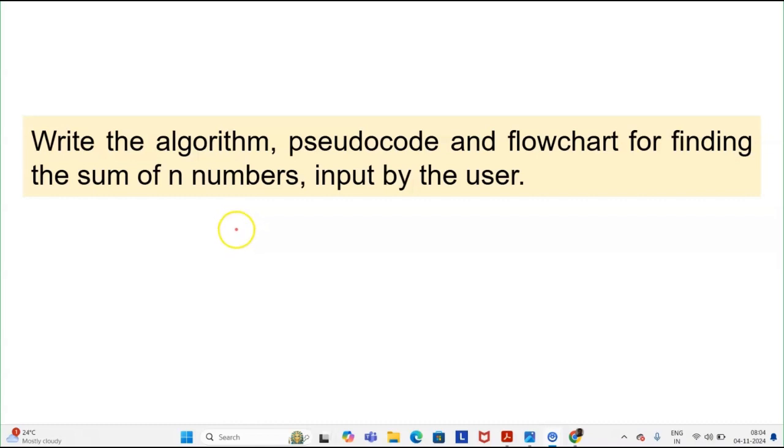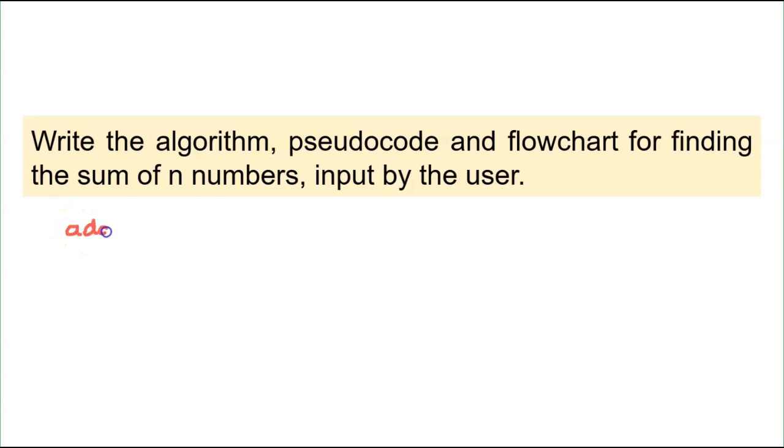So two inputs should be there. One is how many numbers are there, and second is which are the numbers. Now we know that this is a process where I have to add the numbers repeatedly. That is the main highlight.